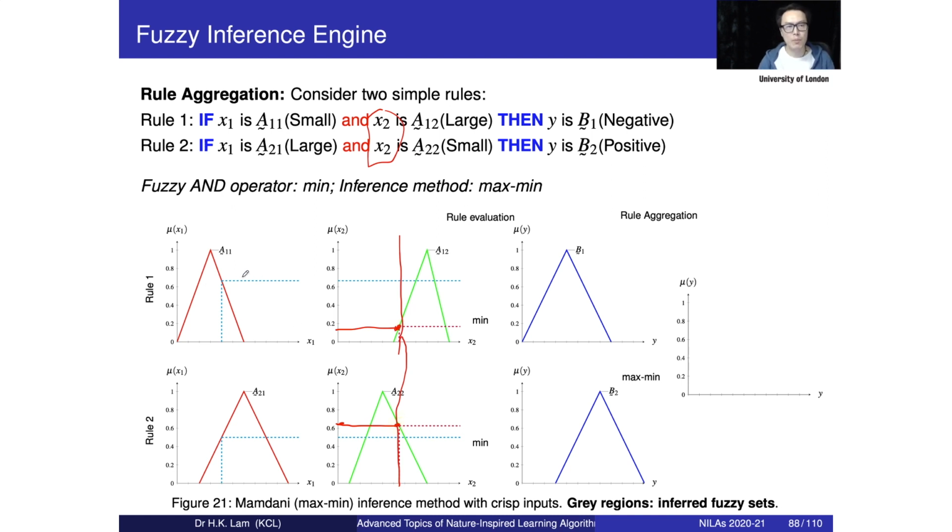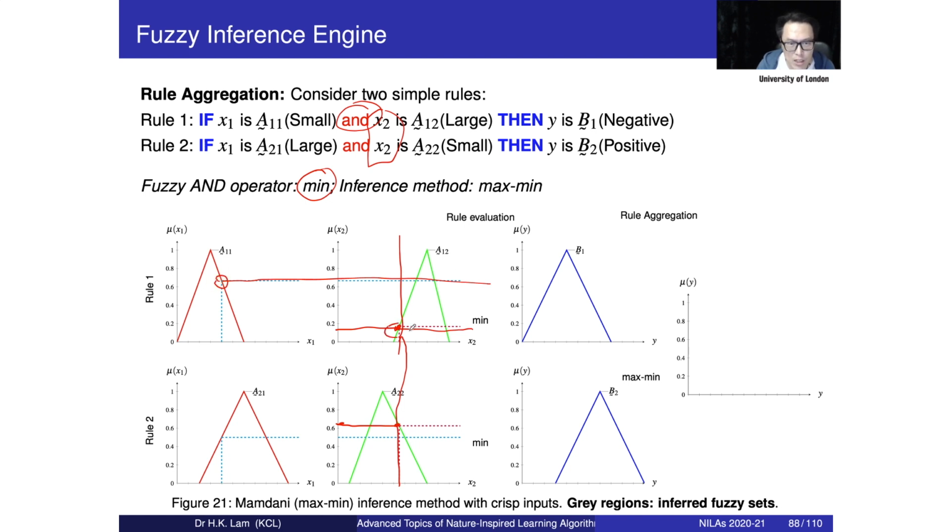According to the intercept, I draw a horizontal line like this. The reason I draw a horizontal line is that I'm going to do the rule evaluation. That is the minimum operator, because we combine the inputs using AND in rule 1 and rule 2. Because this is the minimum operator, I pick the minimum value among these two.